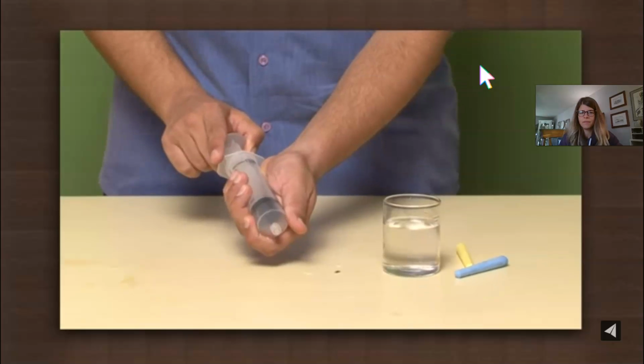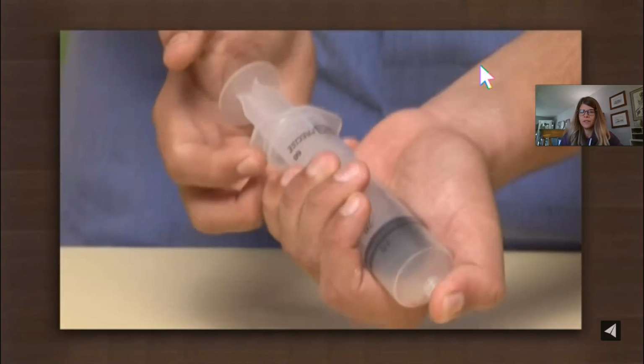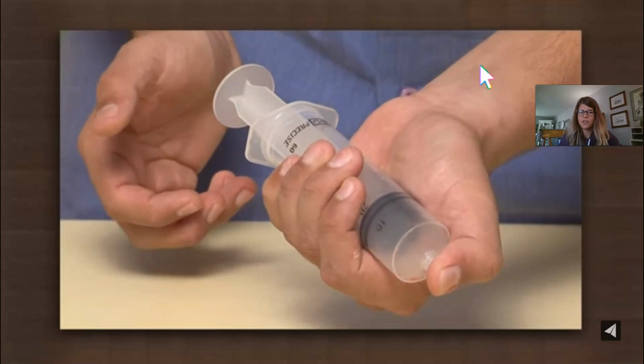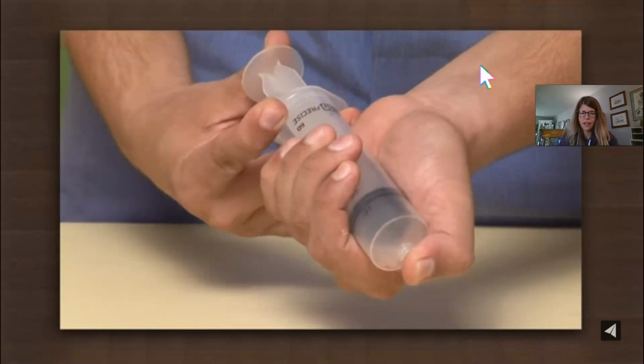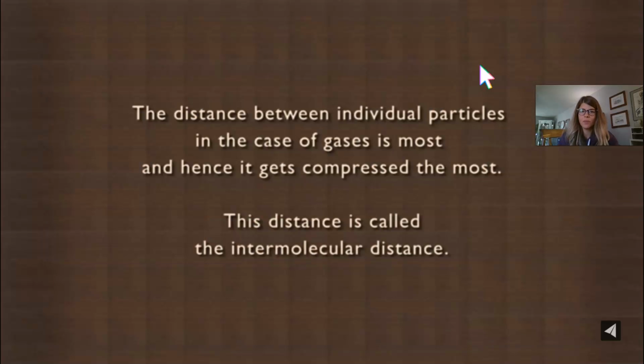Now take in air, seal the opening, and compress it. It compresses the most. See how it compresses? You can push down, add compression, add pressure in the gas. The distance between individual particles in the case of gases is most, and hence it gets compressed the most. This distance is called the intermolecular distance. Gases also tend to expand and occupy whatever space is available to them.